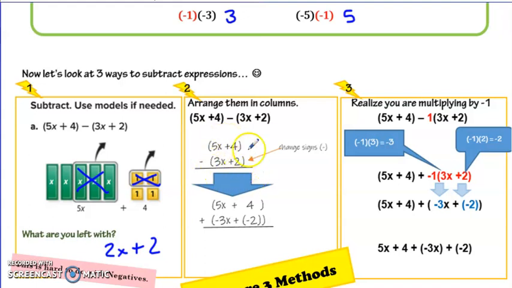So what will this equation look like now? We're going to go and put it right down here. But notice, we change the minus to a plus, the positive 3x to negative 3x, because we're changing signs, and the plus 2 to a plus negative 2. Now we can go ahead and do this. 4 plus a negative 2 is really just 2.